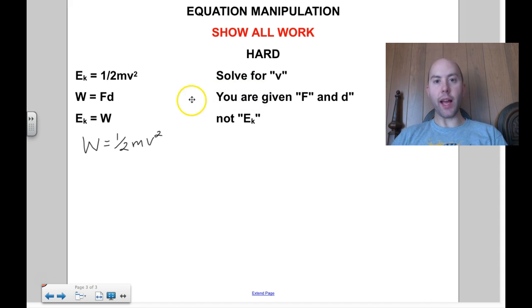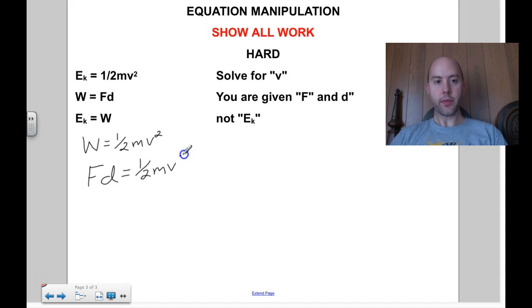But I do have force and distance. So now instead of work equals 1/2 mv squared, force times distance equals 1/2 mv squared. Now that I know that, I can manipulate this equation and get V by itself.